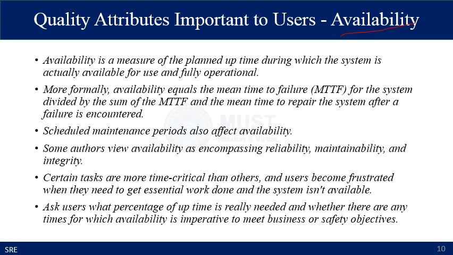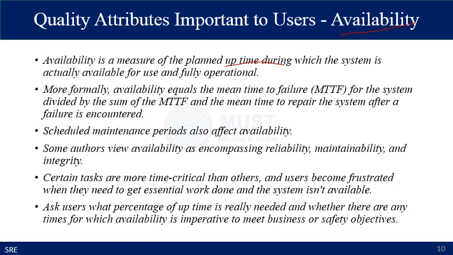Availability refers to a measure of the planned uptime during which the system is actually available for the users for use and fully operational. That means the time in which your user is able to access your system and do its required functions.